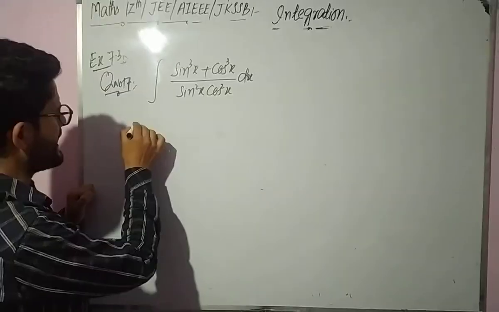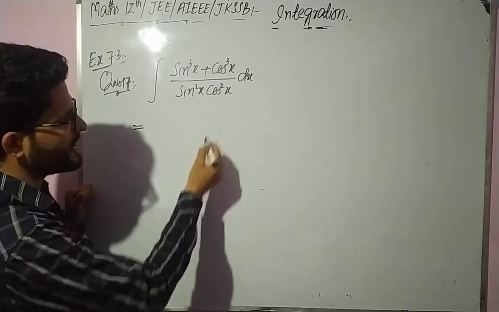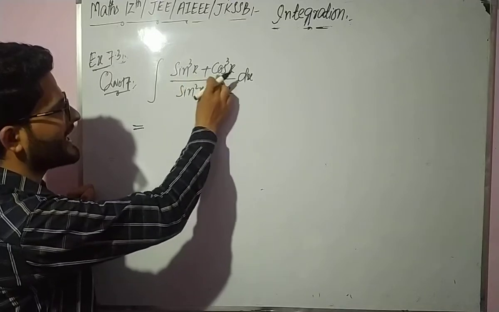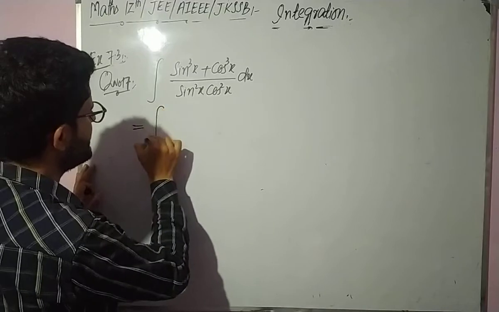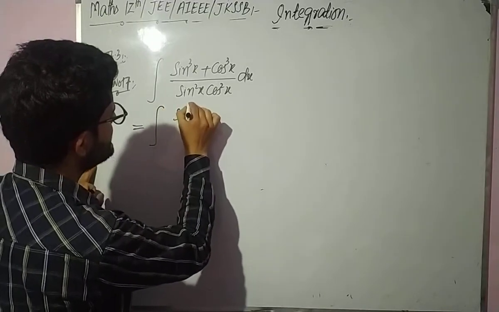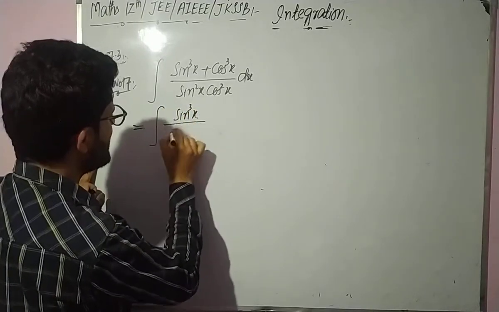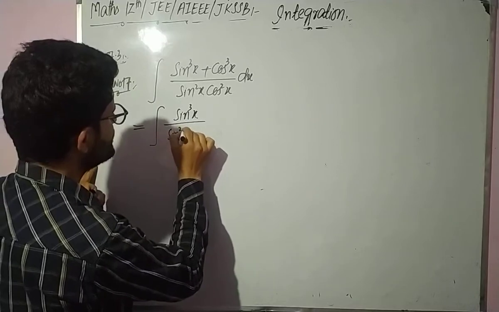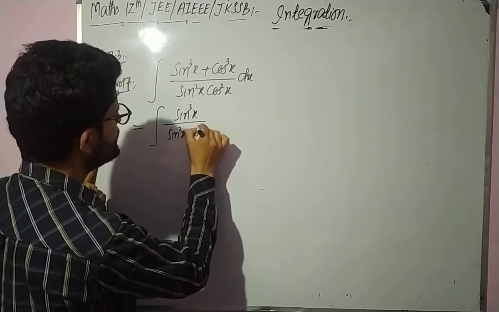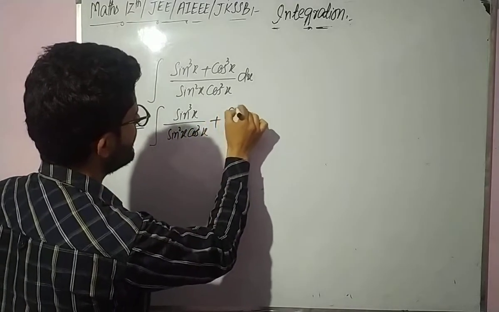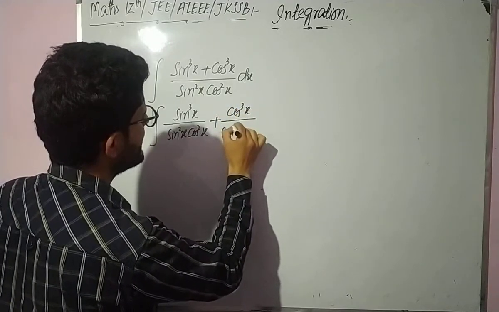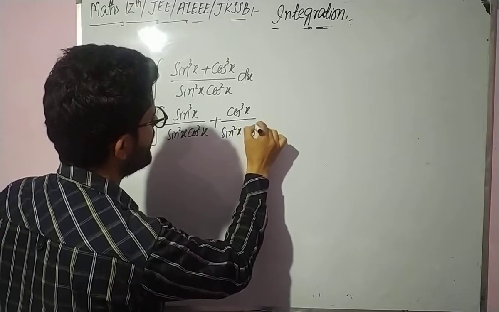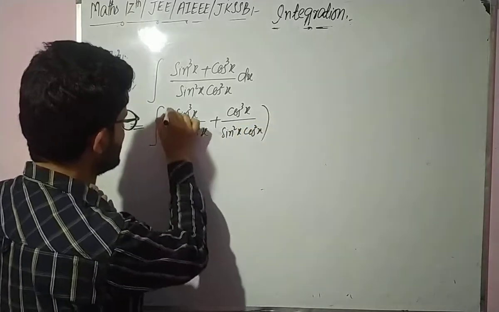So this can be written as, since sine square x cos square x is a common denominator of sine cube and cos cube, we will give them separately. So that is integration of sine cube x divided by sine square x into cos square x plus cos cube x divided by sine square x into cos square x whole dx.